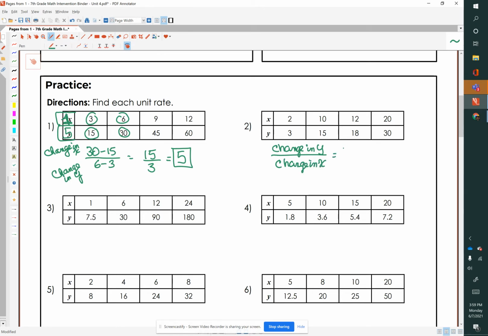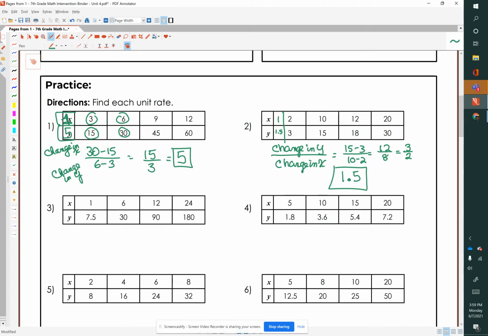So the change in y would be 15 minus 3 divided by 10 minus 2, which would be 12 divided by 8, which simplifies to 3 over 2, or as a decimal, it would equal 1.5. So when x is 1, y is 1.5, or you could write it as 3 divided by 2.